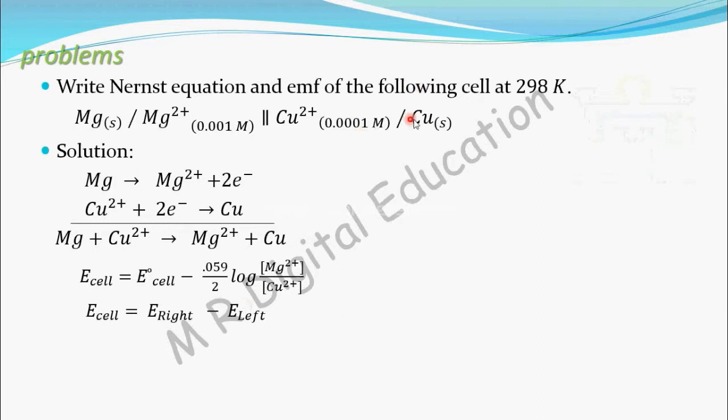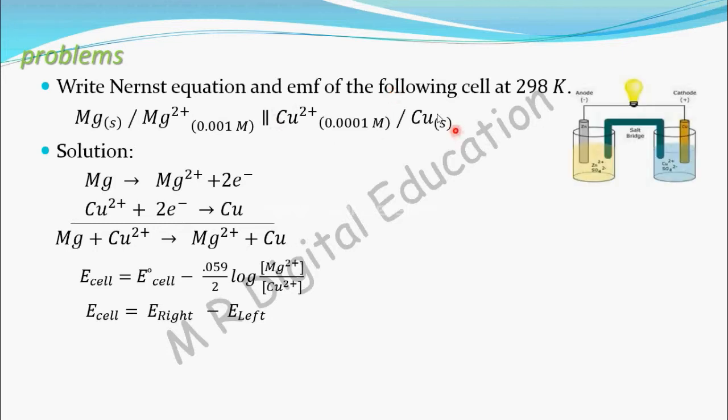Now in this cell you have to identify which is on the right side and which is on the left side. This is the right side, where reduction happens. Always at the cathode side reduction will happen. Copper is undergoing reduction, so E right is the reduction potential of copper. And the left side is magnesium, which is the anode.